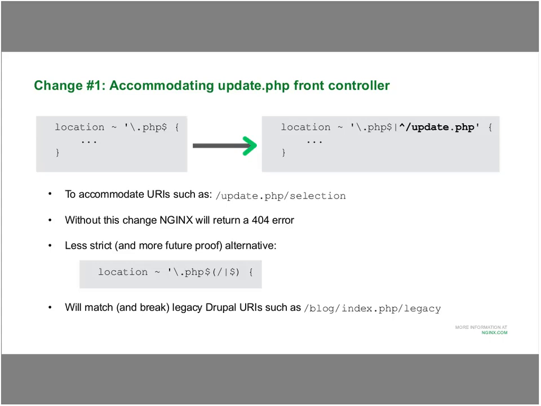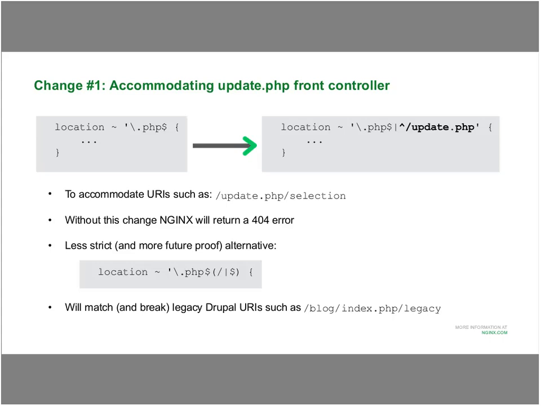And where the problem would come in with the previous configurations is when you have a URL like this, it says /update.php/selection. And if you look at the location block on the left side, that's the main location block in the NGINX configuration that will go ahead and execute the PHP scripts using PHP FPM.